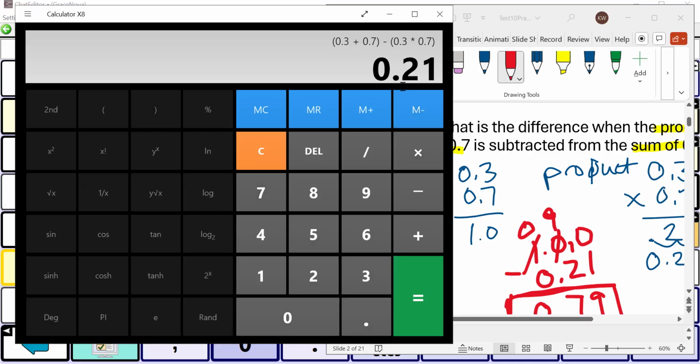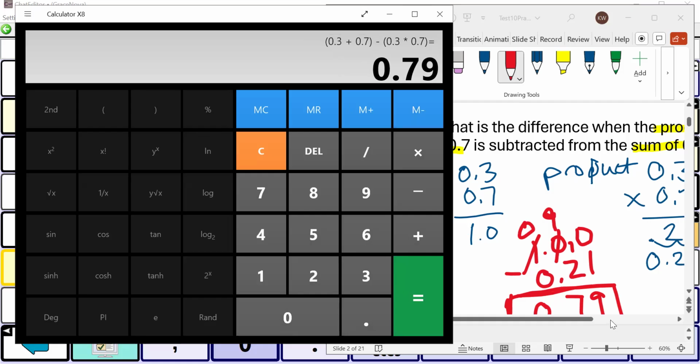Now this 0.21, you can see, is what we got from the second step, getting the product. It's not showing us the full answer to the problem yet until we hit equals. And then it takes all three steps together, the first step, the second step, and subtracting the second step from the first step to get 0.79.